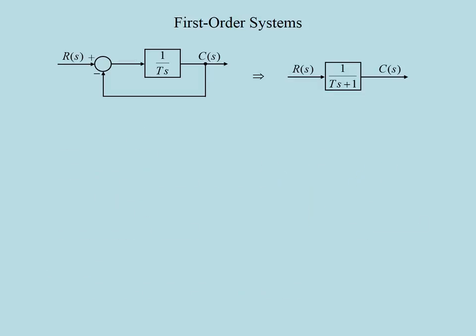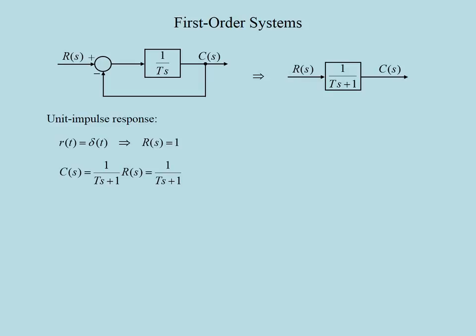Lastly, we will find the unit impulse response of this first order system. So the Laplace transform of the input is 1 in this case. Therefore, the Laplace transform of the output will be equal to the closed loop transfer function, that is 1/(Ts+1).